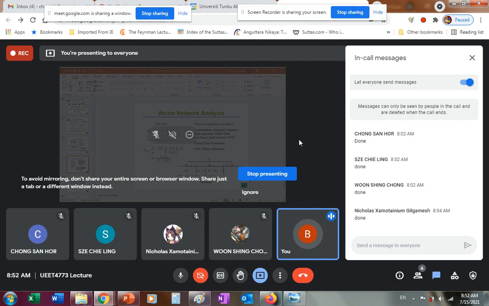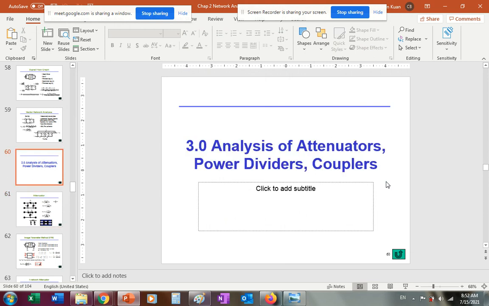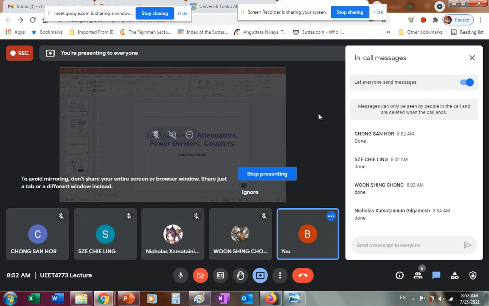But for your own knowledge, it is good that you try to understand this signal flow graph method. Okay, any question?